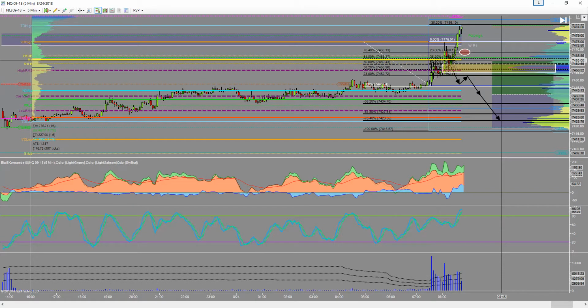So then we have a hammer in the middle of that move, and we have volume built there, as you can see right here. So that means that there was less volume, as we can see there, but it was in the volume at price at that level.